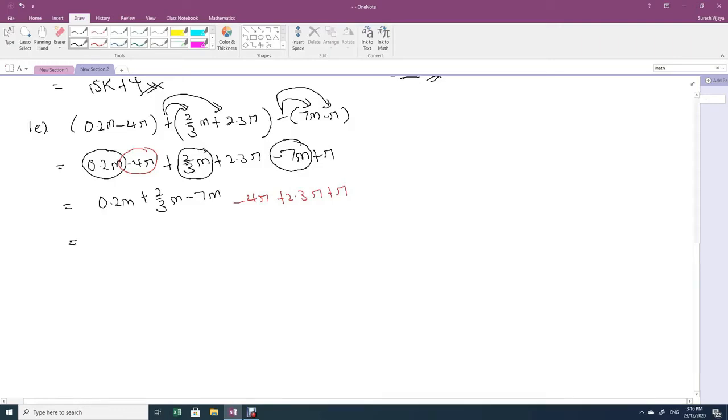What do you get? We get negative 92 over 15, so this will be negative 92 over 15 m.